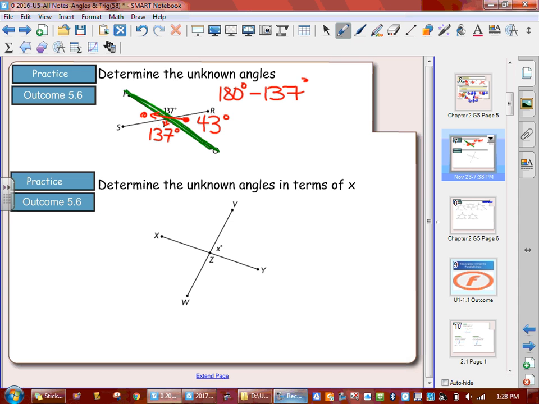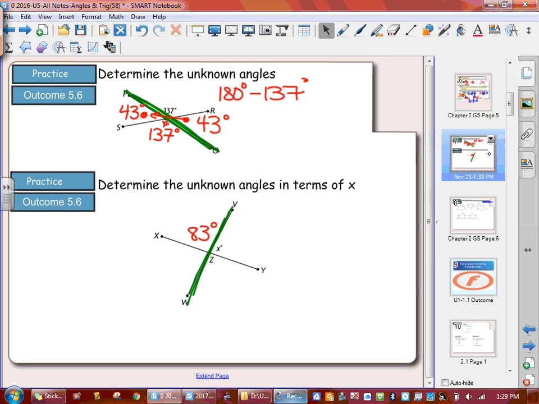I'm going to put one down here for you, and I want you to find the other three angles. We're missing some angles there. All right, Tread, what's the answer over here? Oh, 97. Beautiful.